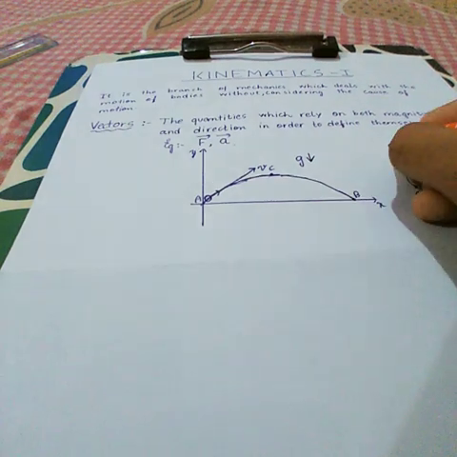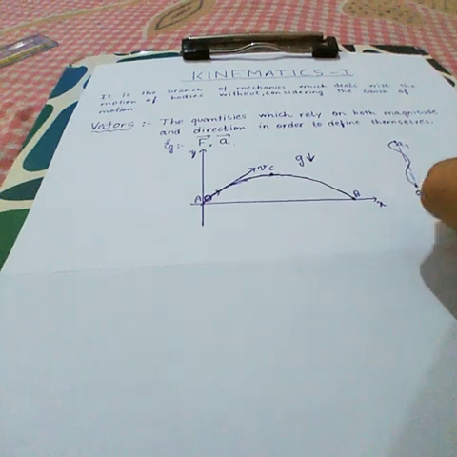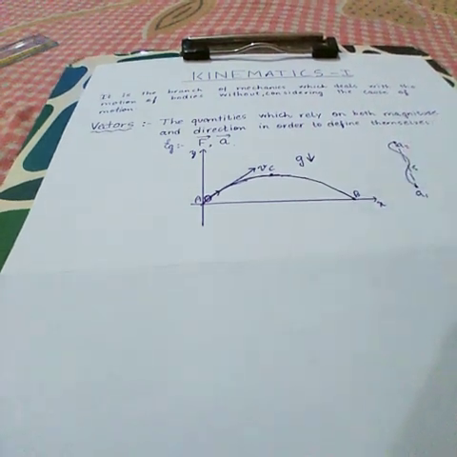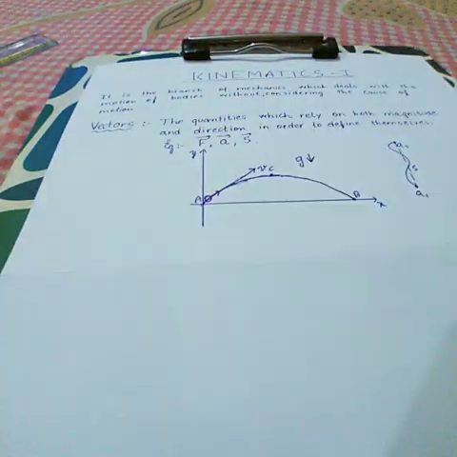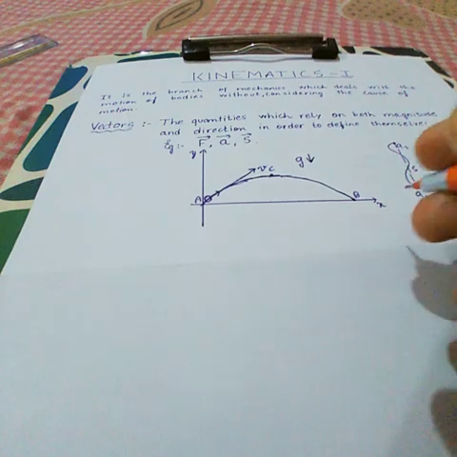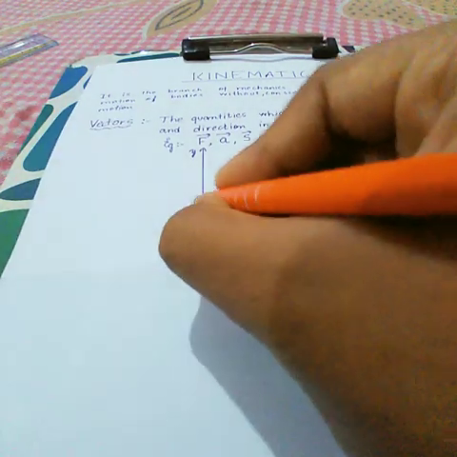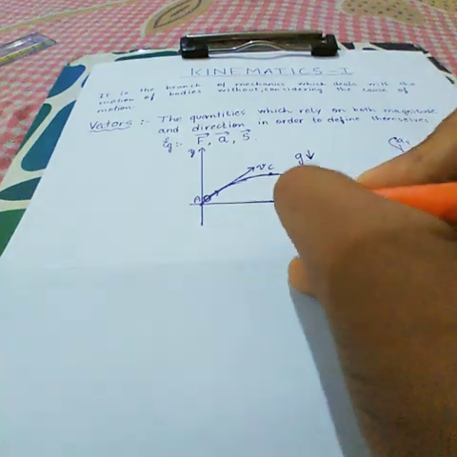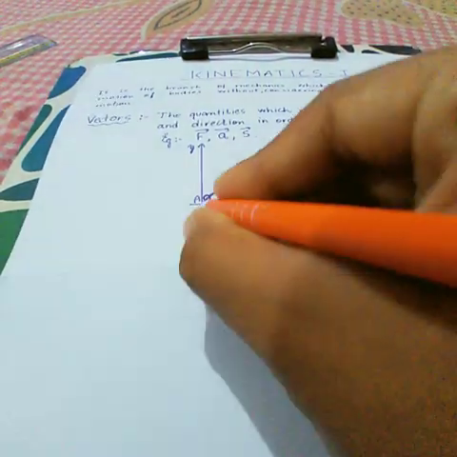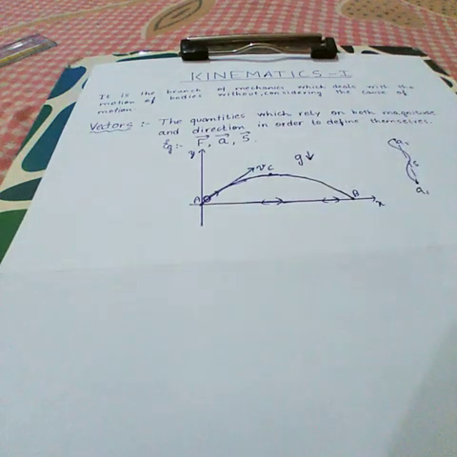The shortest distance, which means a straight line from here, will be the displacement S. So we denote displacement as S with an arrowhead, of course, to denote a vector. The distance covered by the projectile will be ACB, but the displacement will be only AB. AB or BA, anything you can say, is the displacement.